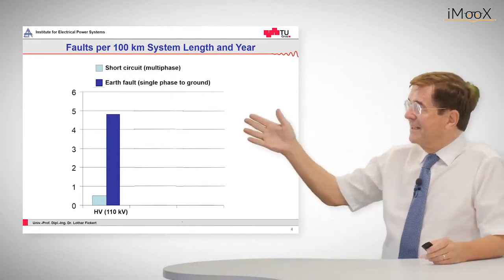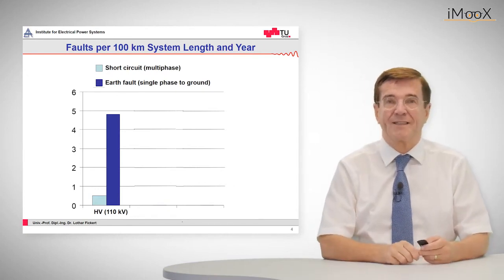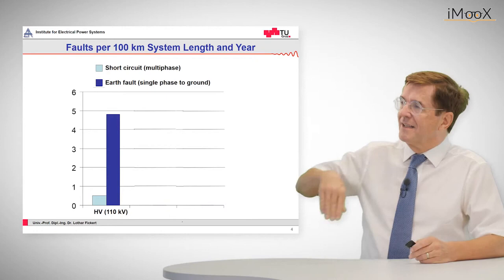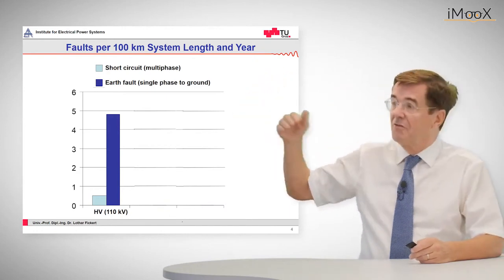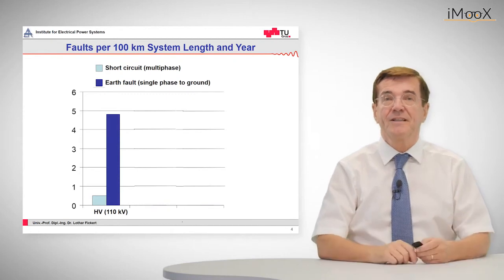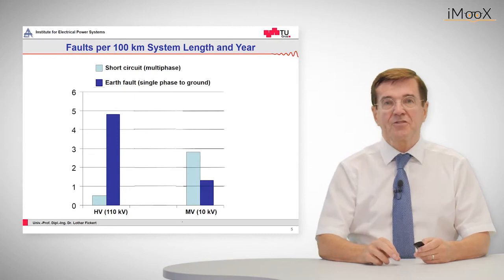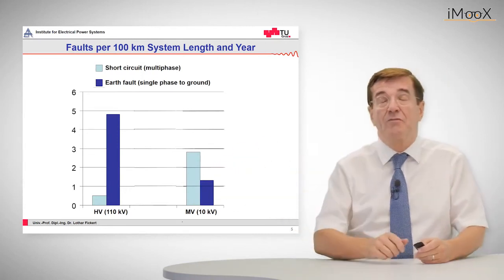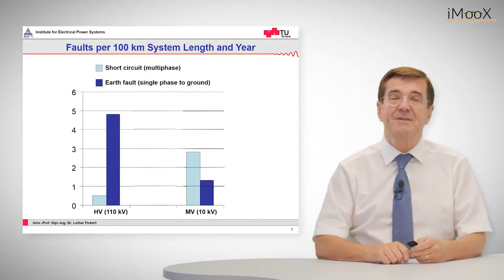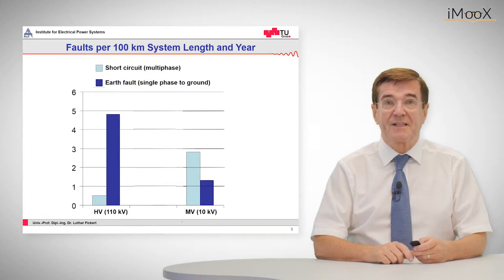As we can see, in high voltage systems, for example 110 kV, there is an enormous proportion of earth faults, shown in dark blue, versus short circuits. So in these grids, earth faults are the faults. In contrast, in medium voltage systems, for example cable systems, we have more short circuits than earth faults.